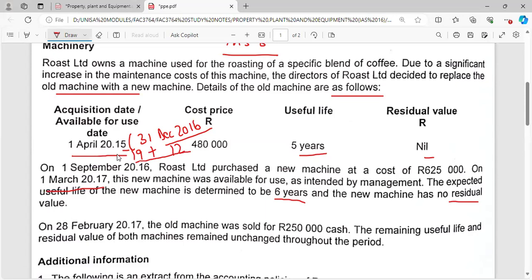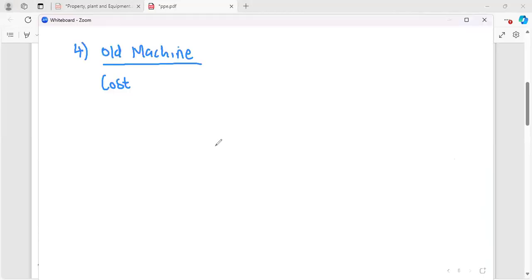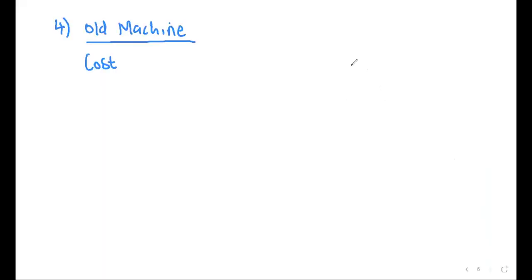Then the useful life is 5 years. So when you go to your calculation, you do it like this. The cost is 480. Then accumulated depreciation is going to be, it doesn't have a residual value, right? No, it doesn't.